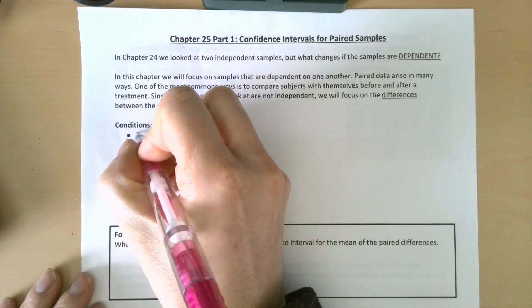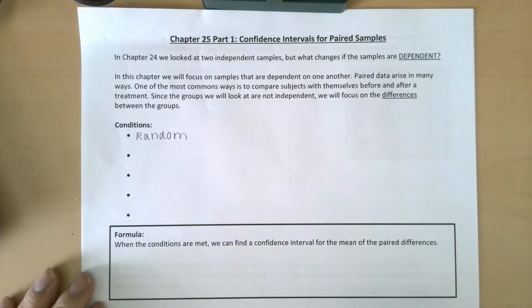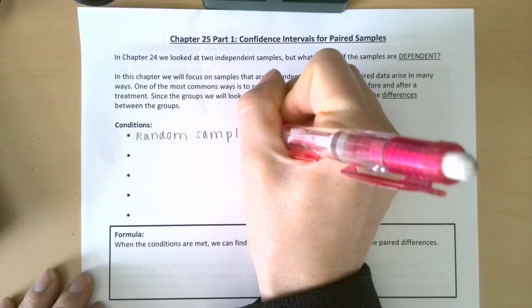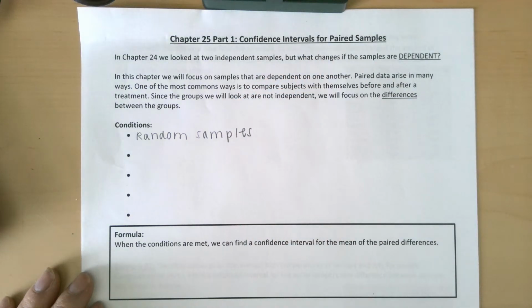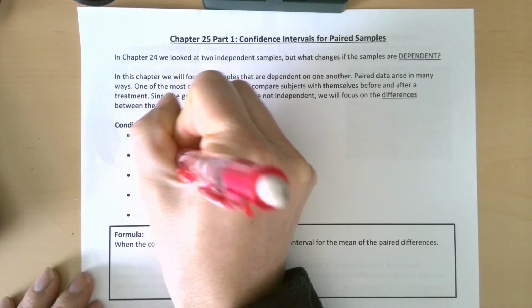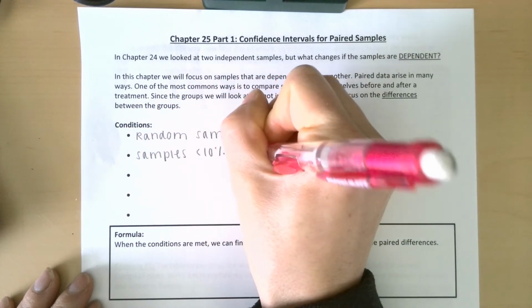The first one is that we must have randomness. So we need to have random samples, just as we've seen in the past. The second condition is again that your samples must be less than 10% of the populations.